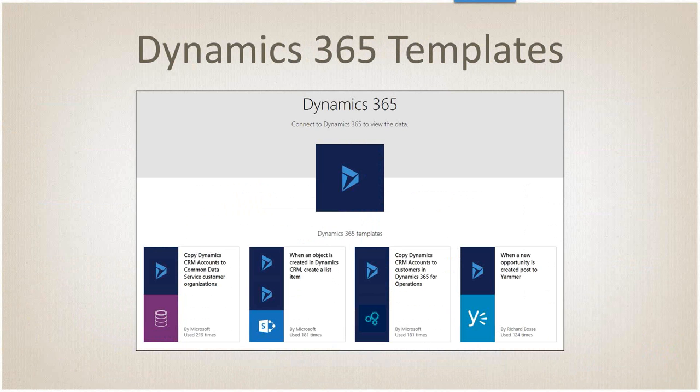Some of the ones for Dynamics 365 are: copy Dynamics CRM account to Common Data Service for customer organizations, and when an object is created in Dynamics CRM, create a list inside SharePoint, et cetera. So you just take these and start your new flow based on the template, and then you configure it for your organization and your specifics.